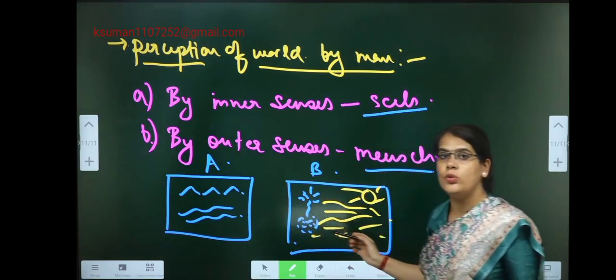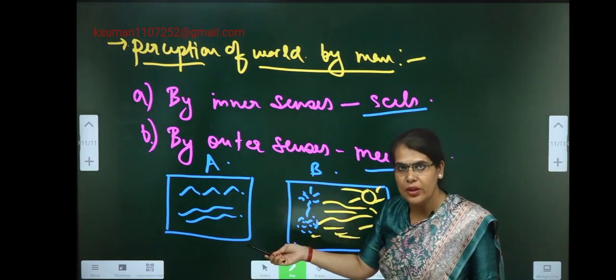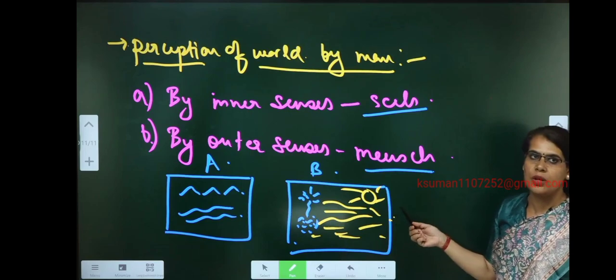So these are the two landscapes. A is a mountain topography and B is a desert topography.